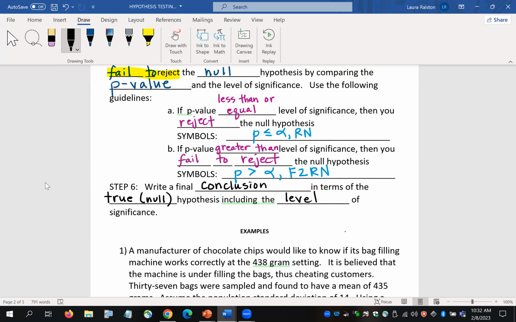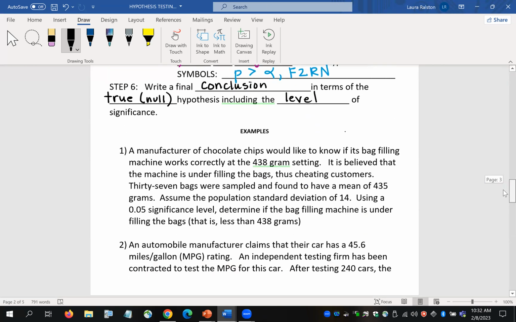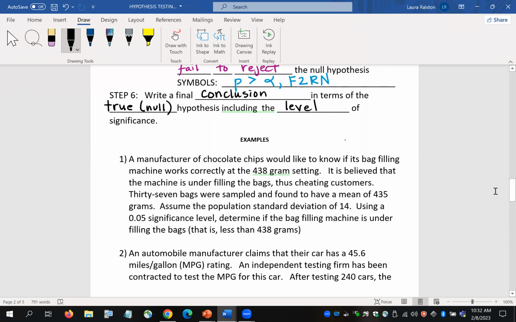We have really an hour and a half left. I'm not going to spend all of that time doing it, but I want us to take a look at a couple of examples, at least to think about the one mean Z test, so that we can begin to see how this works.